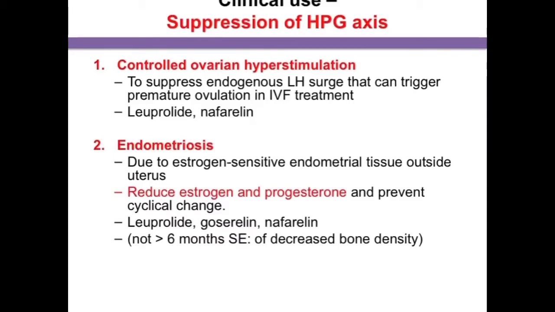However, we cannot use GnRH analogs for more than 6 months because one of the side effects is decreased bone density. And why is decreased bone density a problem? Because this leads to osteoporosis, and osteoporosis will put the patient at susceptibility to have pathological fractures.